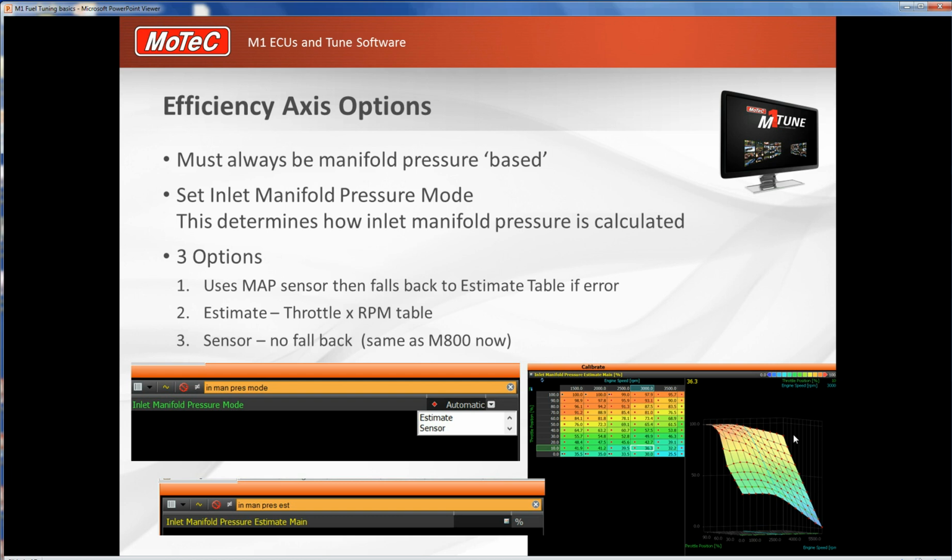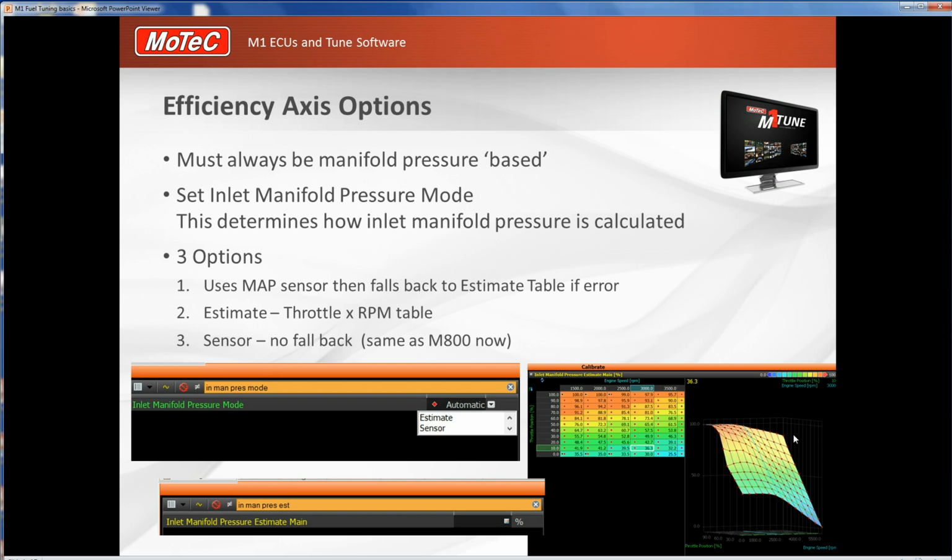If you entered 3, basically this would be exactly the same as tuning your M800, where it is simply an inlet manifold pressure sensor giving you the vertical axis of the efficiency table. Option 1, as you can see there, uses the MAP sensor reading, but as a fallback, if the MAP sensor fails for whatever reason, then it falls back to an inlet manifold pressure estimate table.